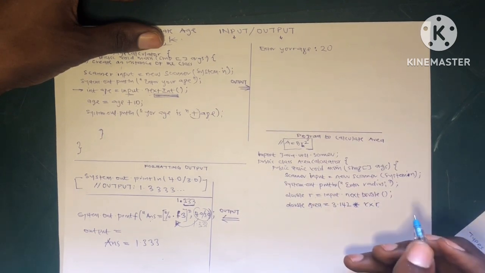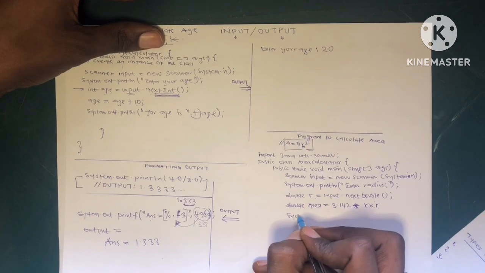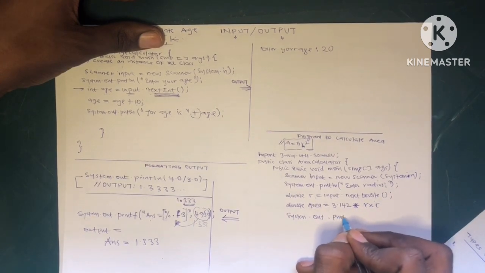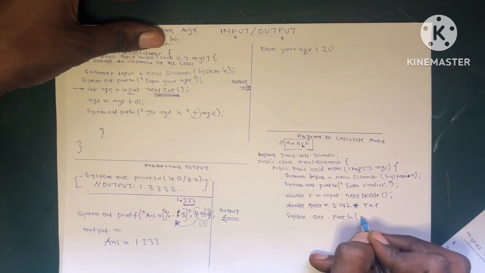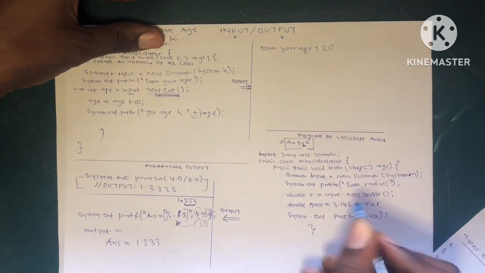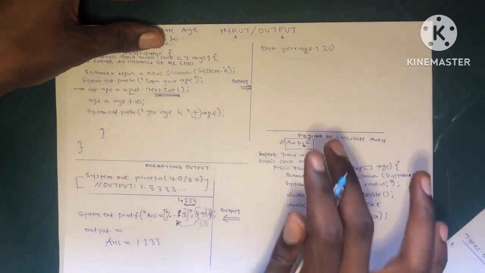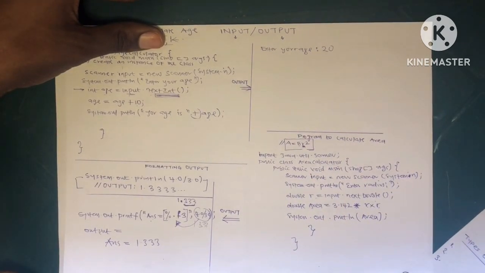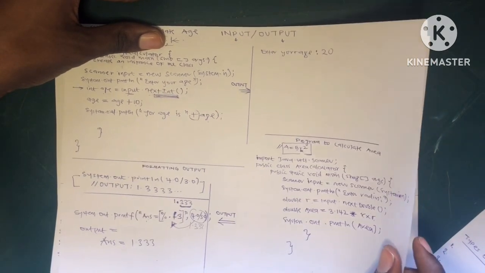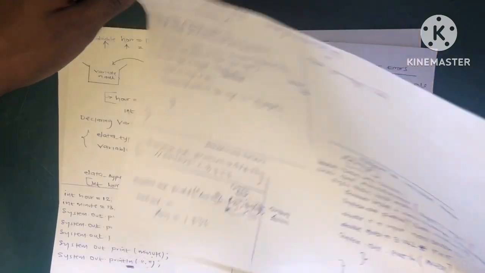R times r is r squared. Then we say System.out.println, then we say area. All right, that's it. Then we'll close this brace, then we'll close this one. I know it's very exhausting, but this is how to write the program. Don't worry about cramming it; you just have to understand how I did it.